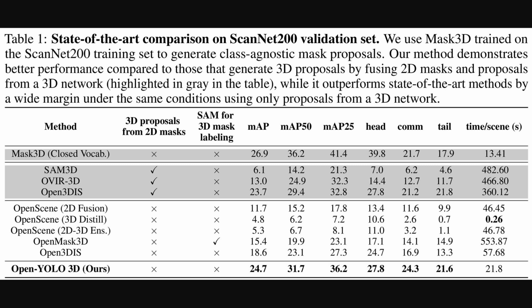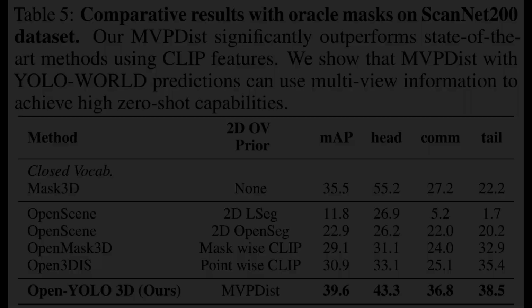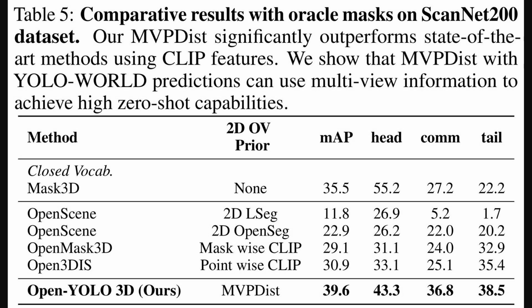This speed is possible because it avoids heavy 2D mask processing, unlike some other methods. This results in better accuracy and a speed up of up to around 16 times, compared to a top method like Open-3DIS.